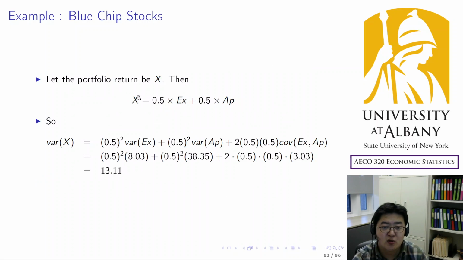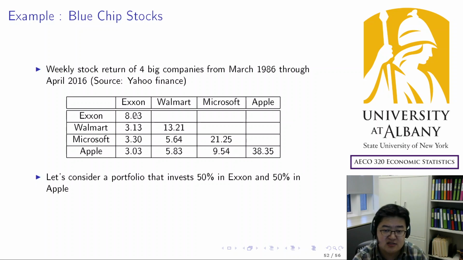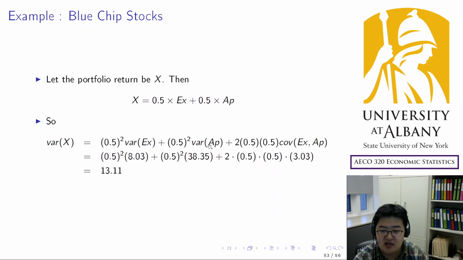Okay, but now let's consider this portfolio and calculate its variance. Not a big problem. So your portfolio X is 50% Exxon and 50% Apple. Using what we have done, the variance of ExxonMobil was 8.03, and Apple's variance is 38. So you plug that in here.